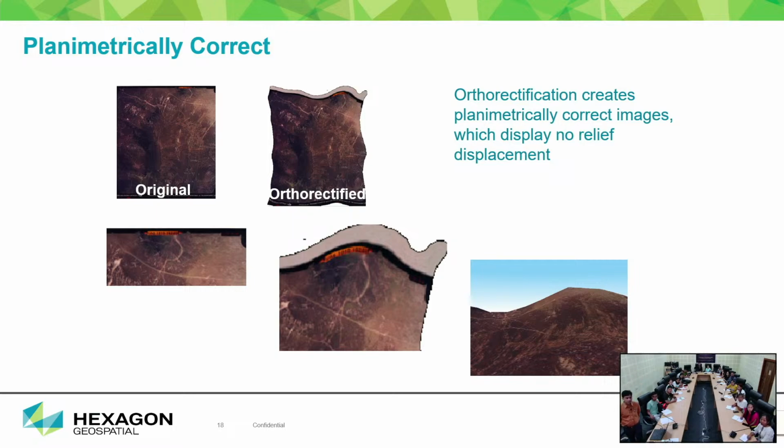If you have some linear features, or if you want to identify river lines and so on, then you have to ortho-rectify the image so that you can extract the exact characteristics of these features. So that's why we go for the planimetric correction of the data.